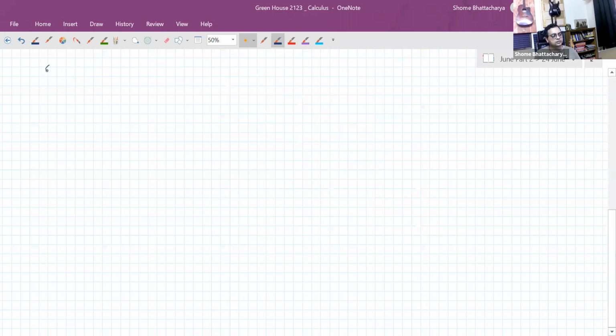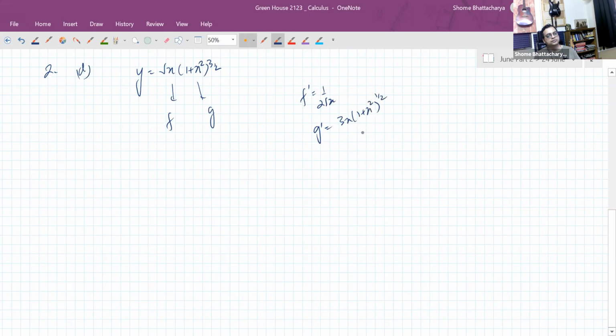So we had y equal to root x into (1 plus x squared) to the power 3 by 2. So what we did is we took this as f and this as g. So we saw f's derivative was this, g's derivative was 3x into (1 plus x squared) to the power half. This came using chain rule.